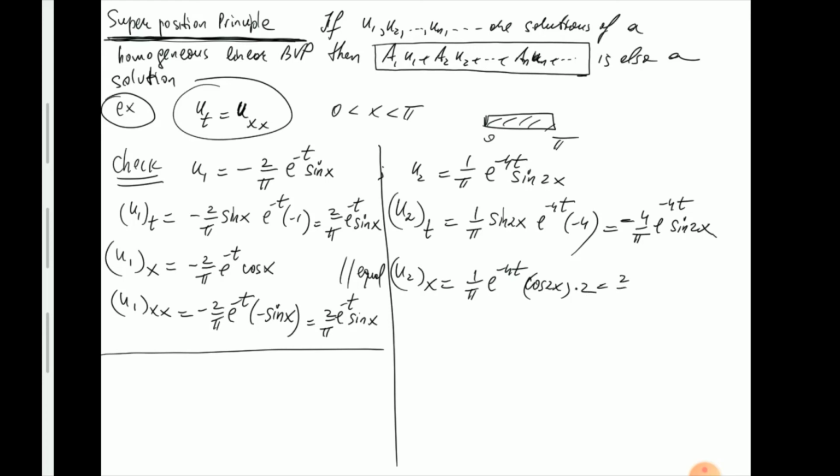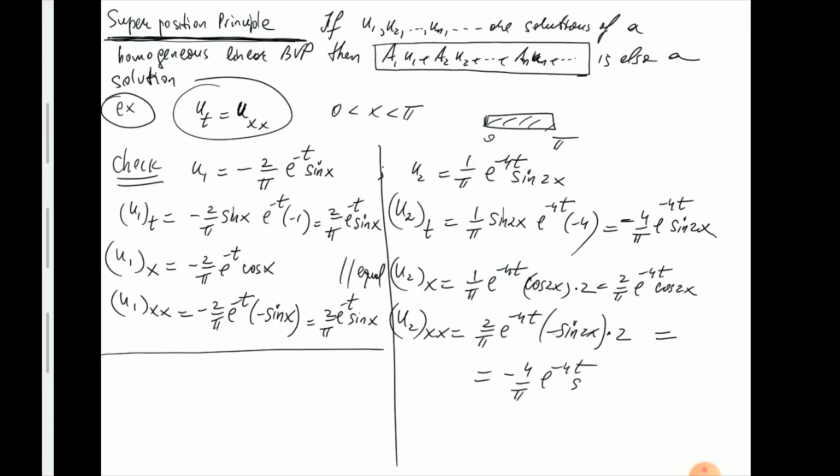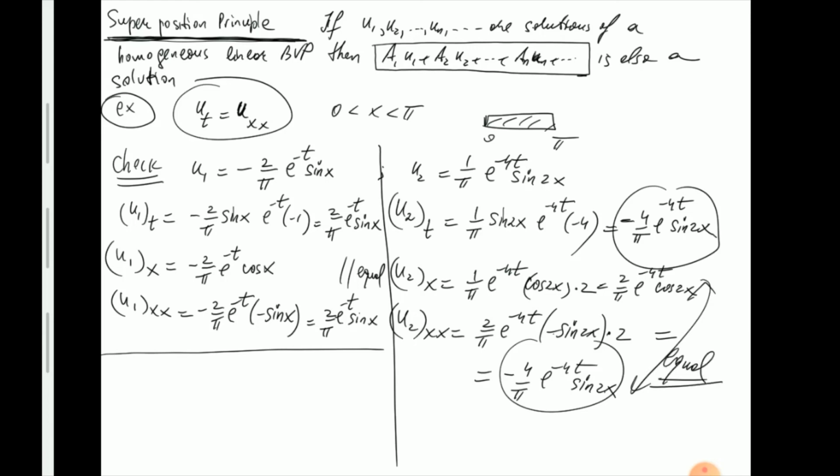That makes it 2 over pi e to the minus 4t cosine of 2x. And then again with respect to x, now it's minus sine of 2x times another 2 from the chain rule. And now minus 2 times 2 is minus 4 over pi e to the minus 4t sine of 2x. Equal, right? So they are indeed solutions of this PDE.